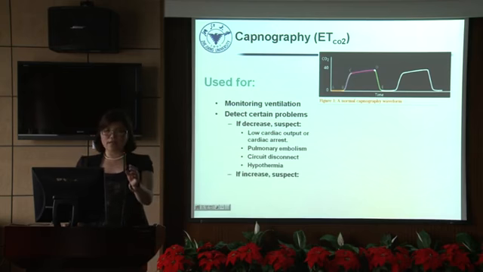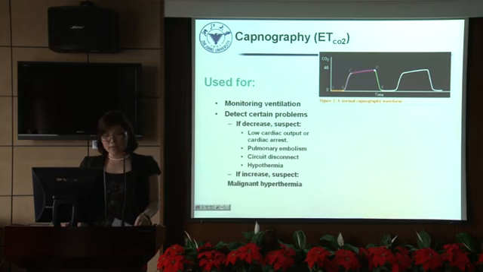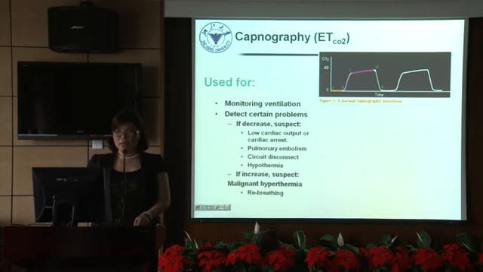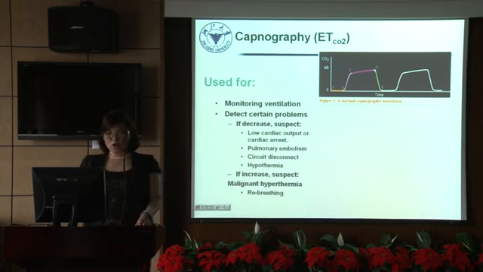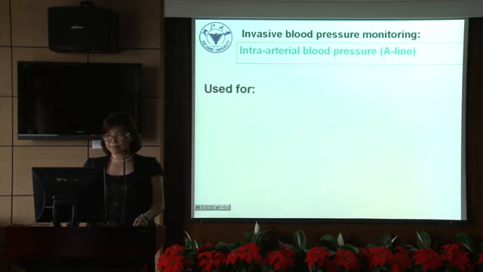If the EtCO2 increases, we usually suspect maybe the ventilation is very low or malignant hyperthermia, or maybe there is rebreathing. That means the soda lime does not work, or sometimes sepsis.